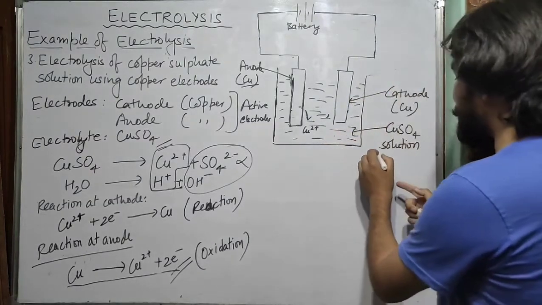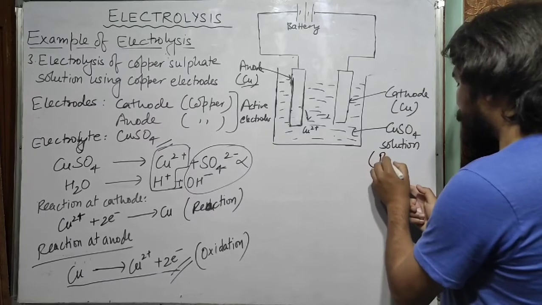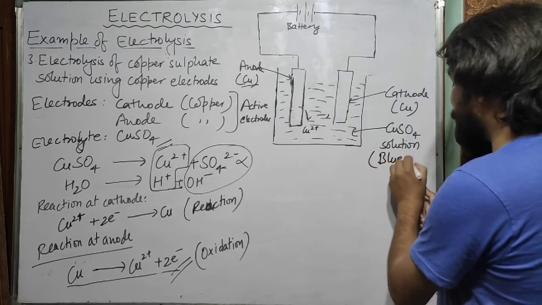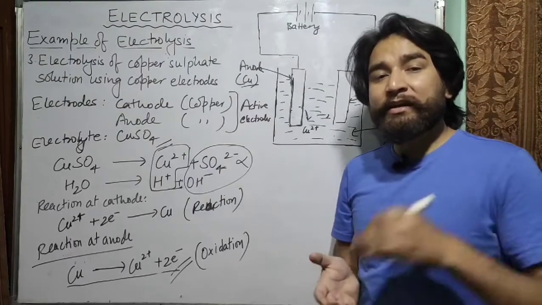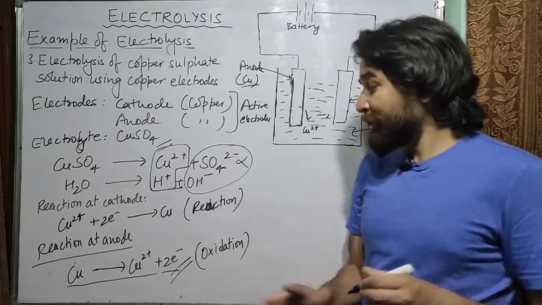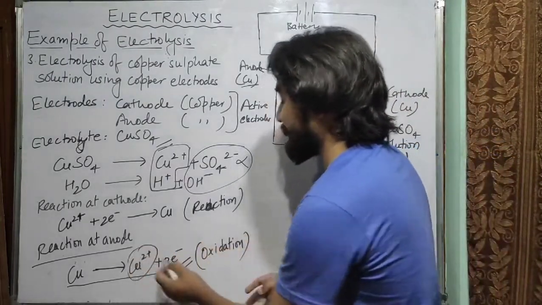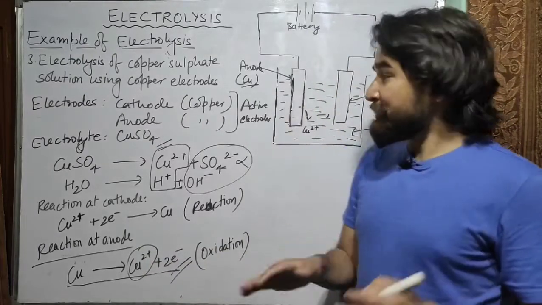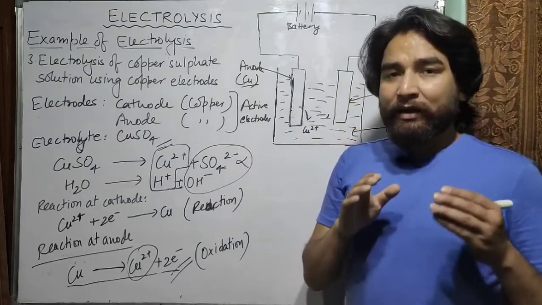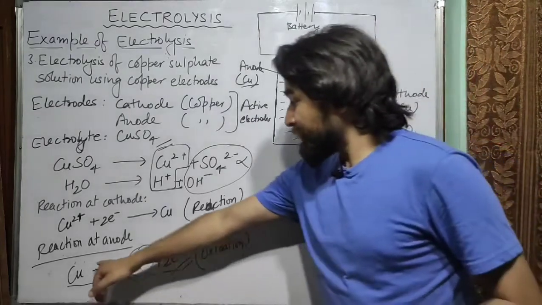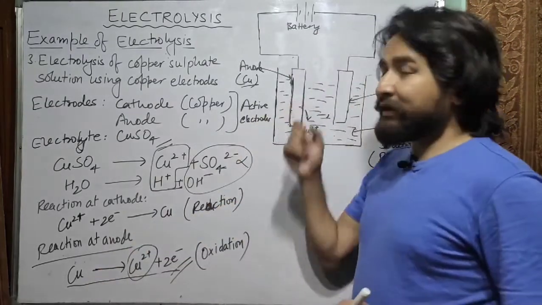Generally you know that the solution of copper sulphate has a blue color. So it will maintain its blue color. Why does it have a blue color? Because of the presence of copper ions. But copper ions will migrate towards the cathode. At the same time, copper ions will form at the anode.